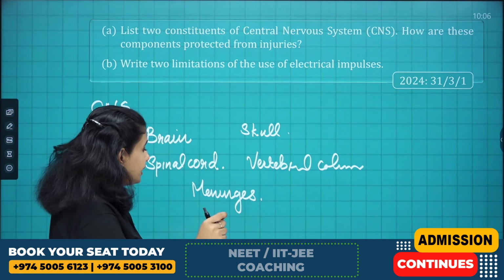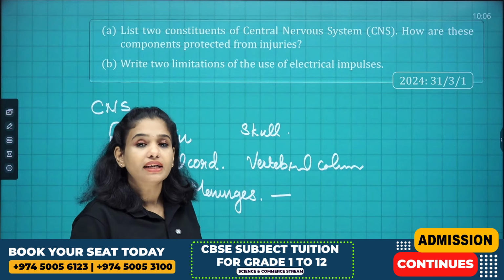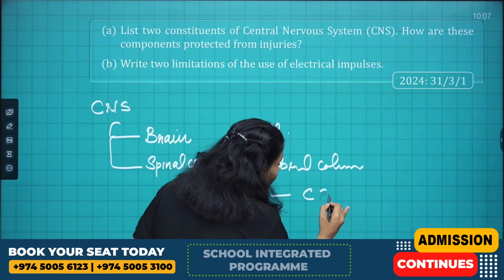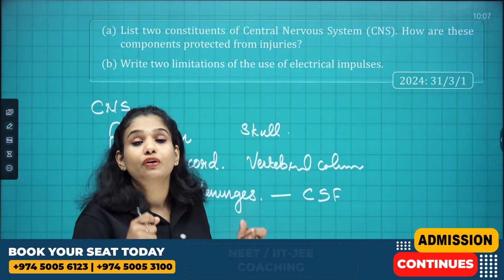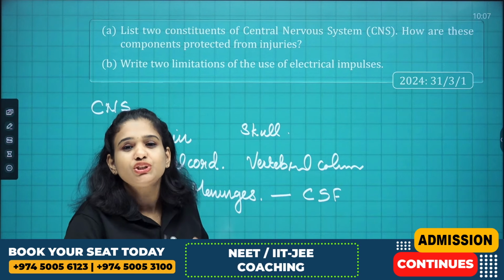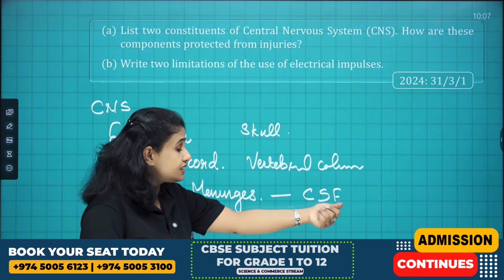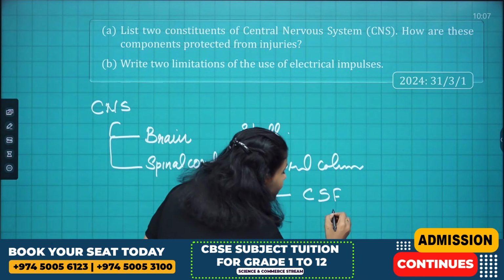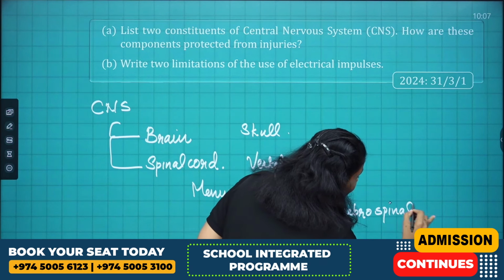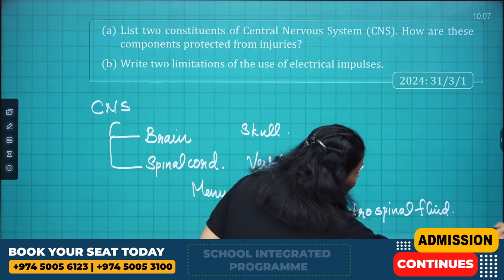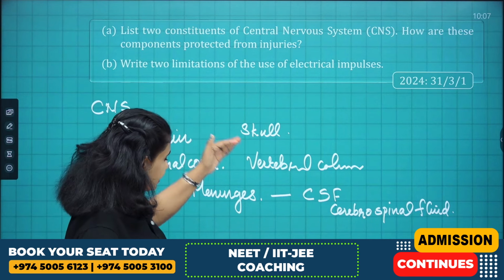And in between these meninges, there is a fluid called cerebrospinal fluid. Cerebrospinal fluid, CSF, is filled in between these tissues and protects the brain and spinal cord from shocks. So there is a three-way protection.